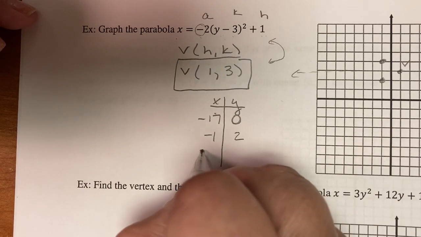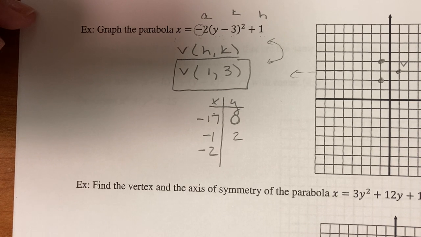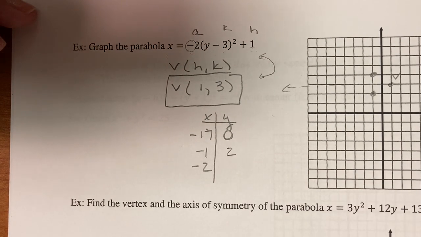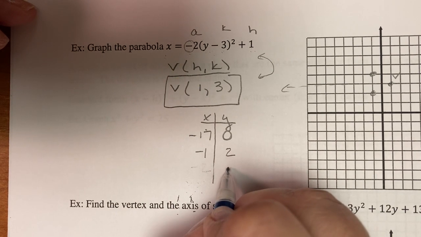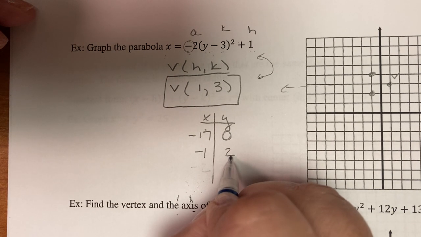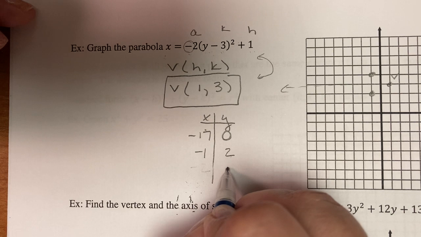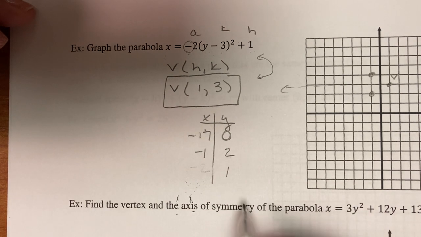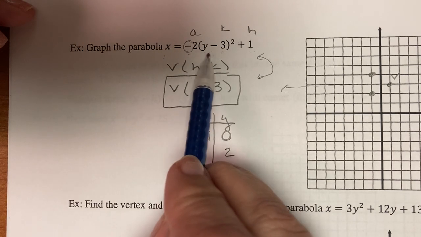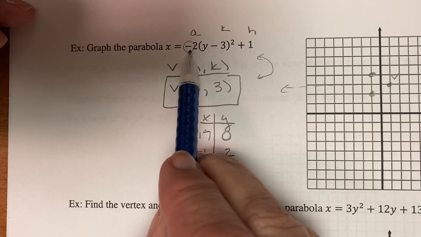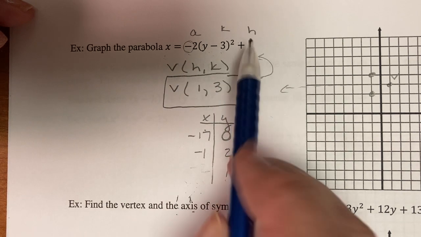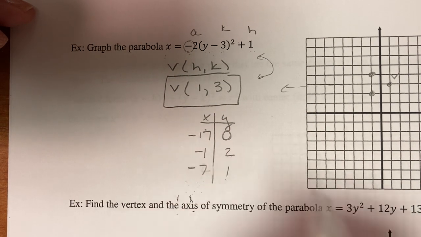Let's plug in another value and see what happens. If I plug in 1 for y, 1 minus 3 is -2, squared is 4, times -2 is -8, plus 1 is -7.